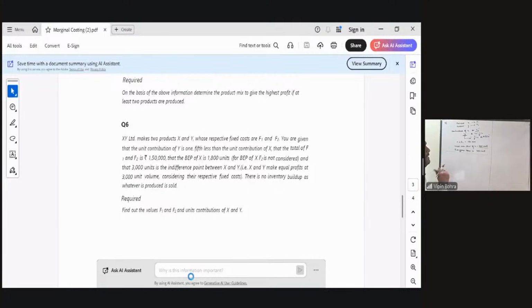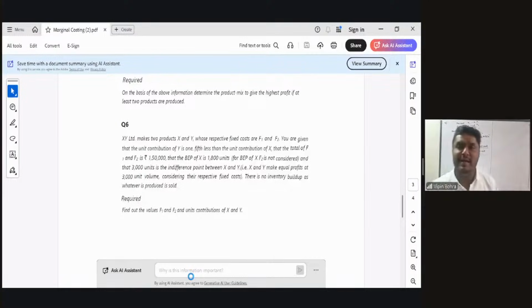So let's start with this question, wherein the first thing is F1 plus F2 is equal to how much? 1,50,000. So fixed cost of X plus fixed cost of Y is 1,50,000. Now see, break-even point is given as 1,800 units.